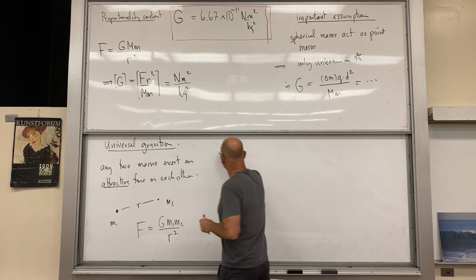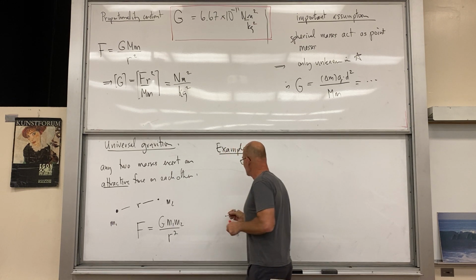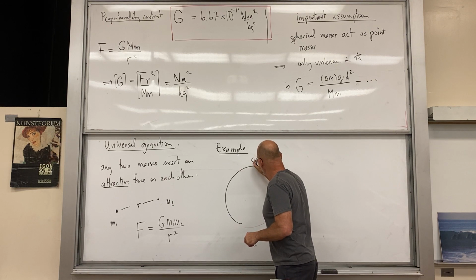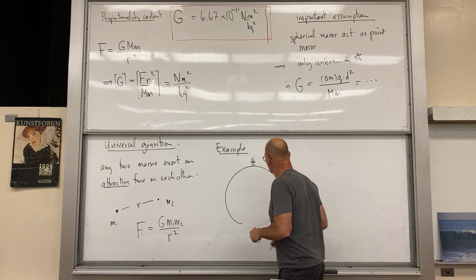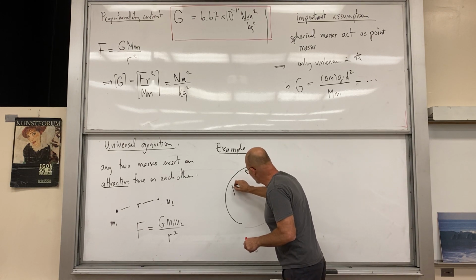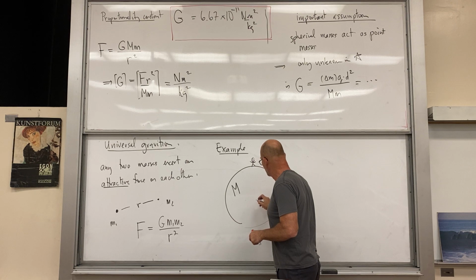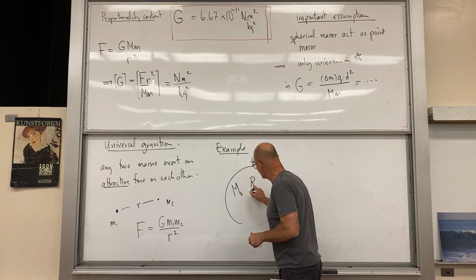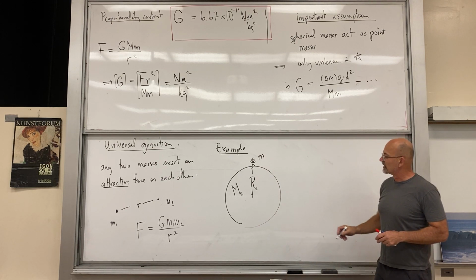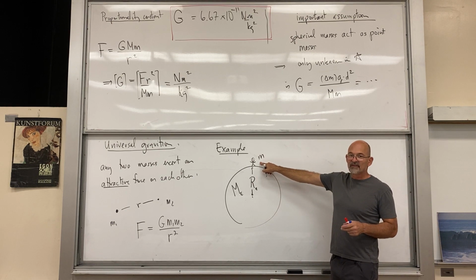Good. Now here's the example that we're going to start things off with. Here we are. This is our Earth. We are standing up here on the surface of Earth. The Earth has a mass capital M, and our distance, in fact, I'll put a subscript E here, our distance from the center of Earth is the radius of Earth, and our mass is lowercase m.